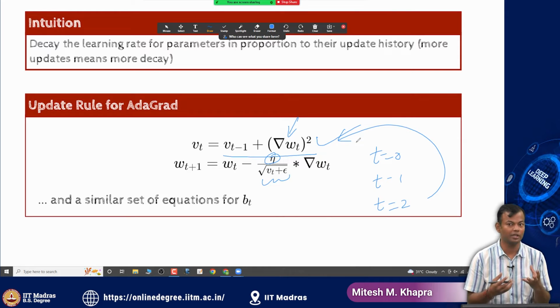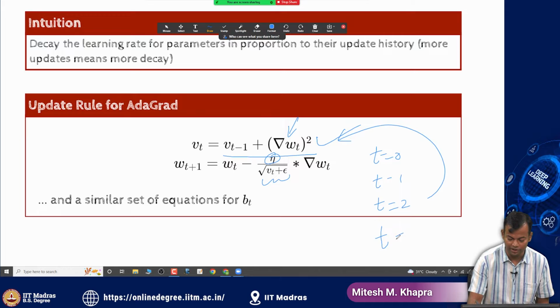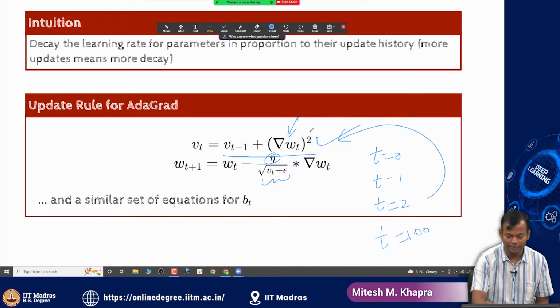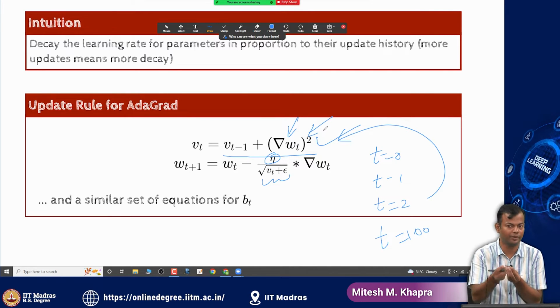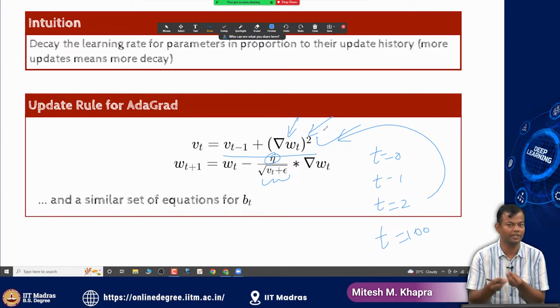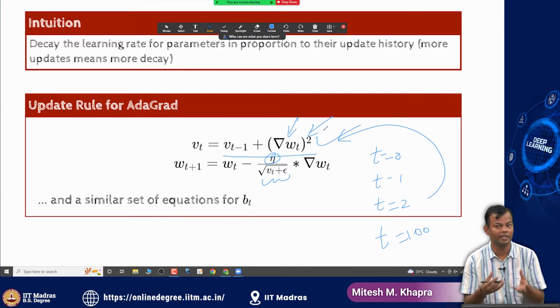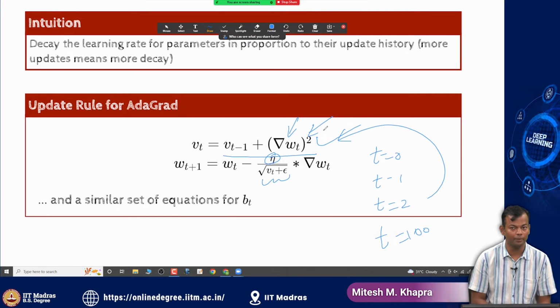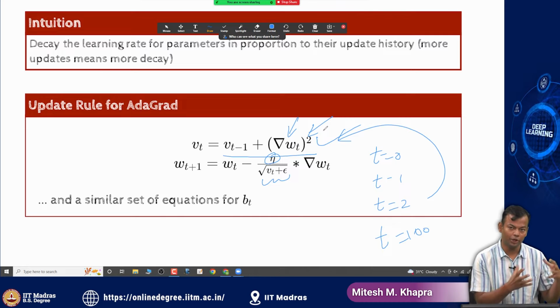But if this was a sparse feature, then across iterations, maybe even when I reach t equal to 100, nothing much has been accumulated here, right? Because all these updates were very, very small because this was a sparse feature. So hence my v_t has not grown much, and hence my learning rate will not decrease aggressively, right? So now the learning rate has become inversely proportional to my update history.